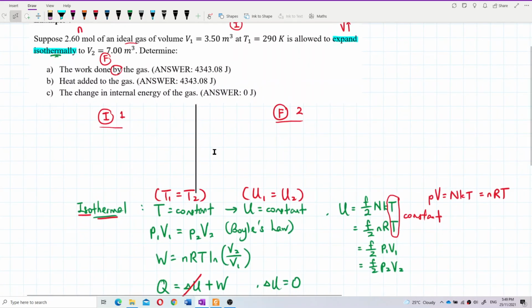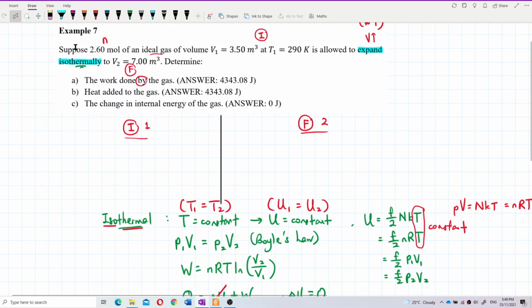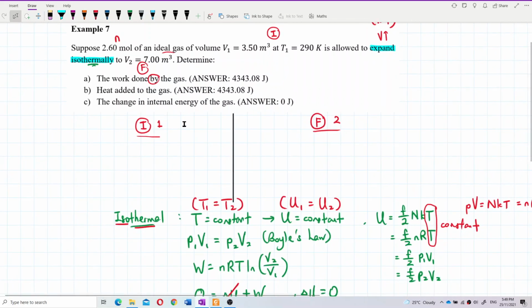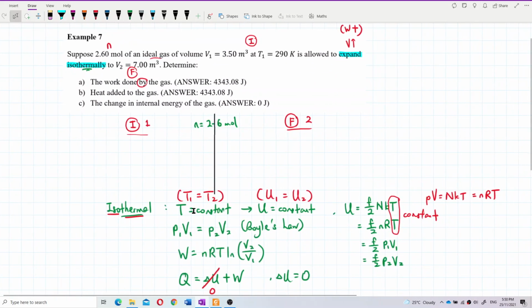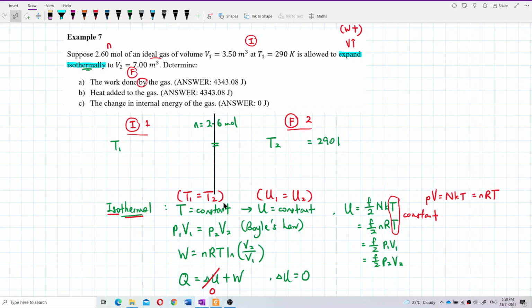So now, what do we have? We have the number of moles, 2.6 mole. We have the volume V1 and T1. Temperature is constant because it is isothermal, so temperature 1 equal to temperature 2, which is 290 Kelvin.